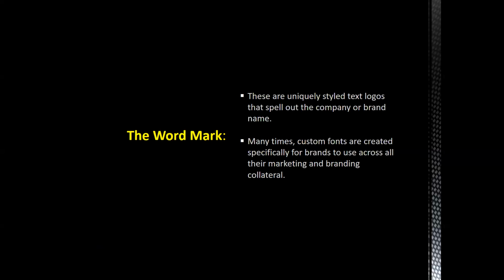The key to making a logo, and this is the important part of these points, is uniquely styled text logos. Uniquely styled. So you need to do something to this. You can't just set the word mark and hand it to me. If you were going to go the word mark as a logo, you would have to take that and somehow uniquely style it.